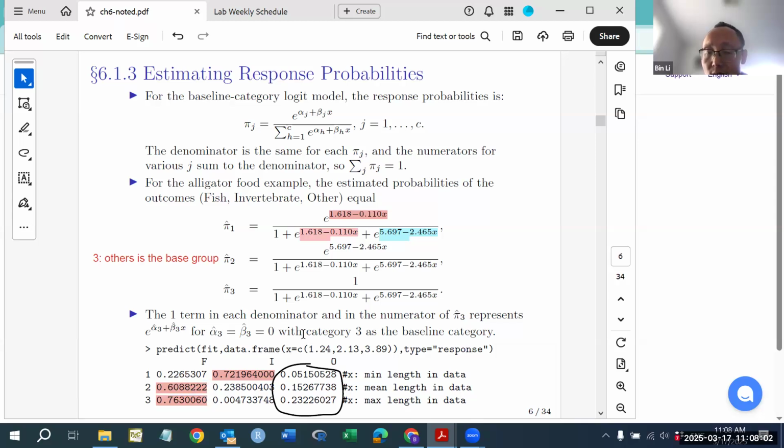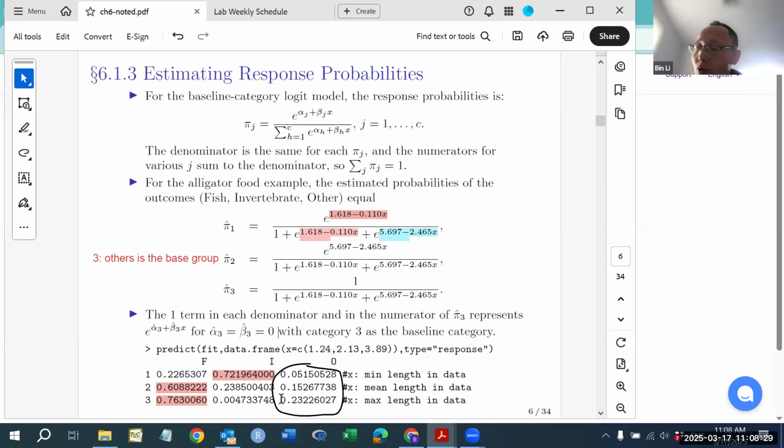Okay, now back to the question, what about the others? So you can see the probability for having the others as the primary food choice is increasing. However, if you look at the size, when they are small, only 5% chance. But when they grow older, it's 15% chance.